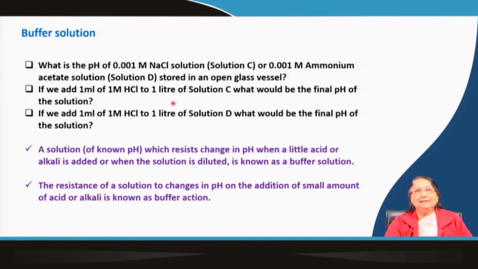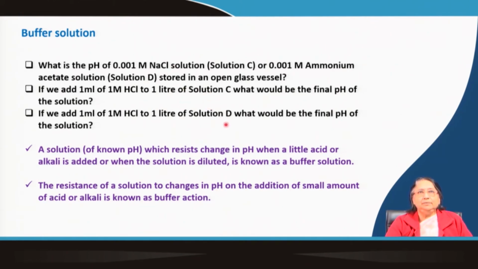Here in this case, solution D, which is ammonium acetate, is a buffer solution. So when you add 1 milliliter of 1 molar HCl to this ammonium acetate solution, the pH will not change much. A very slight change may happen, but not like solution C, which has changed a lot.